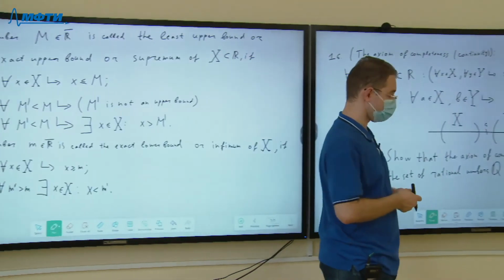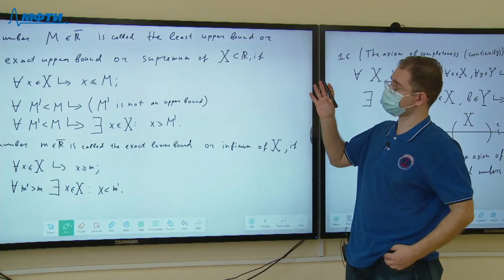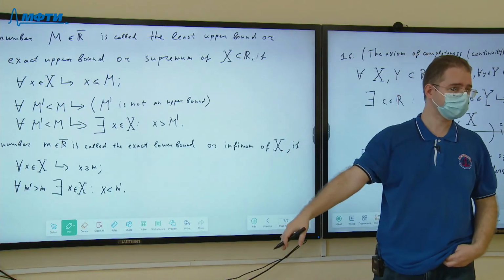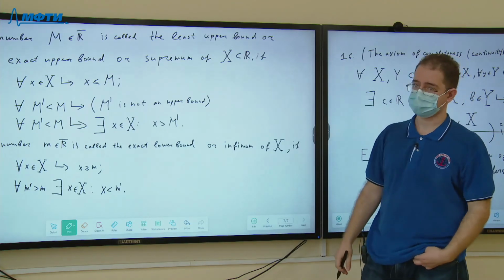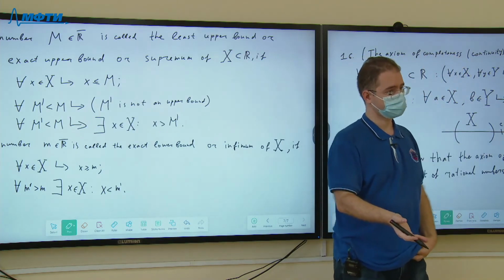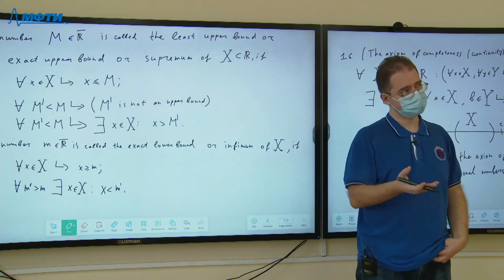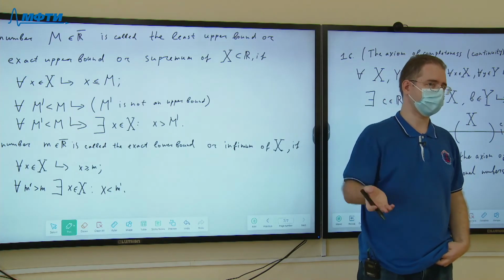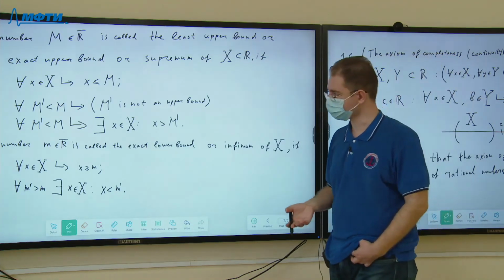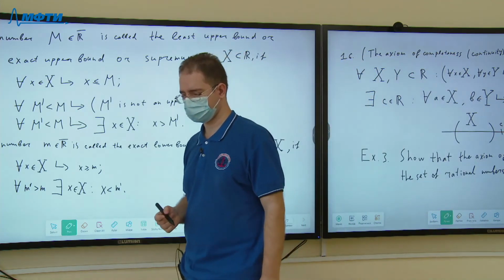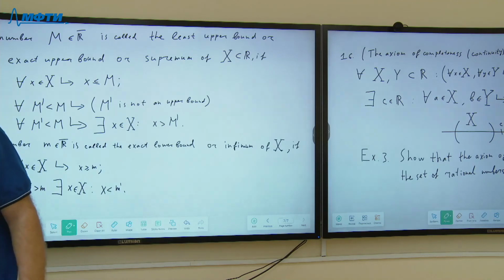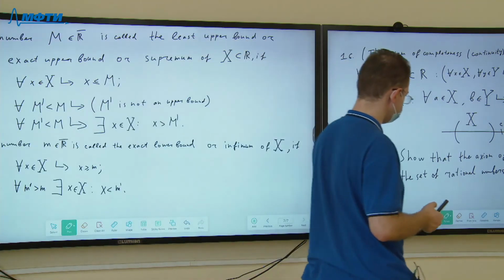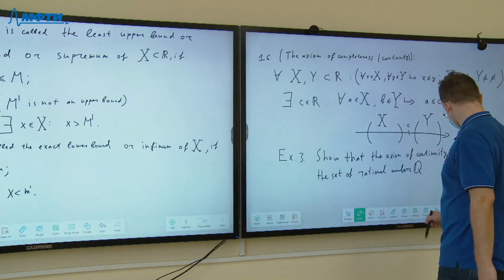Basically, I'm going to say that supremum and infimum could be infinities, and if I want to specify that this number is finite, I will just say so. Okay, moving on.